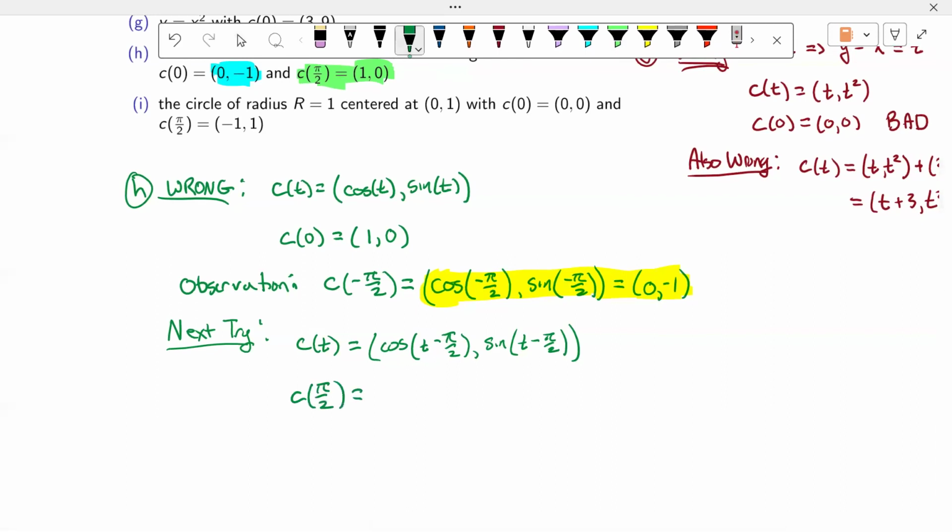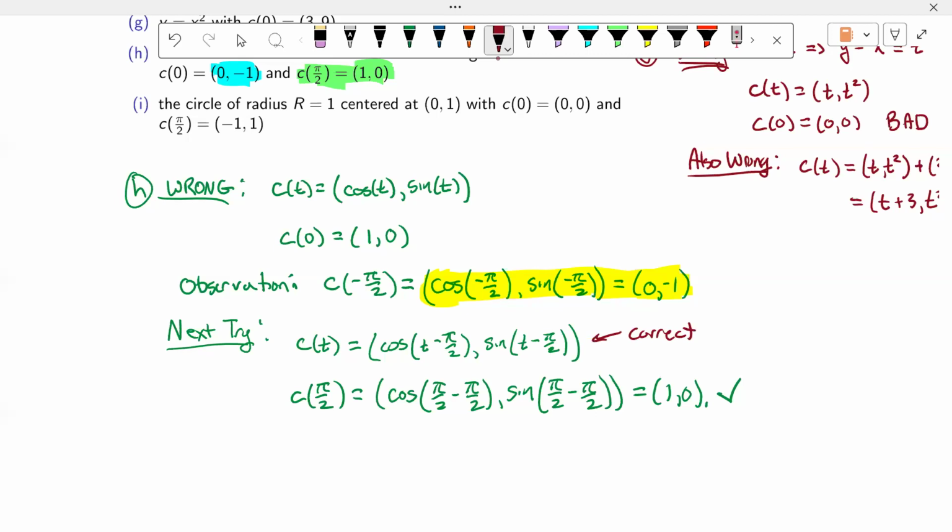If we do cosine of pi over 2 minus pi over 2 and sine of pi over 2 minus pi over 2, we'll get (1, 0). So this works. That means this is correct. We found the appropriate parametrization of that circle.